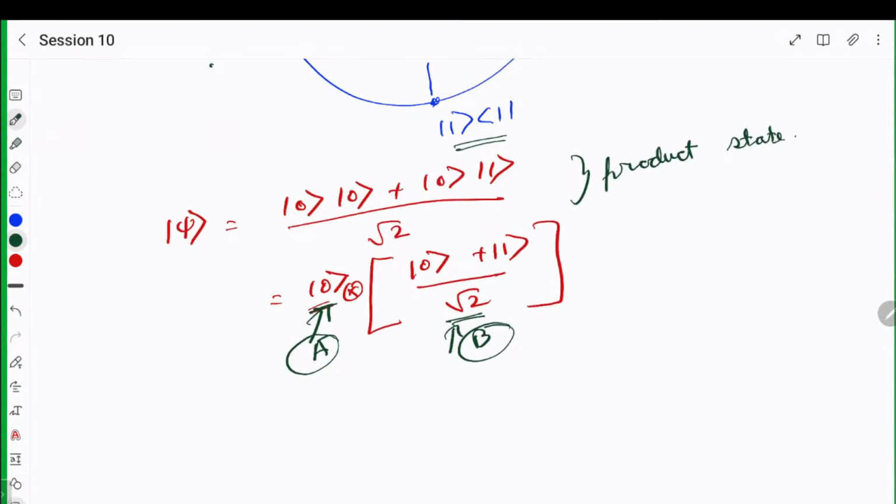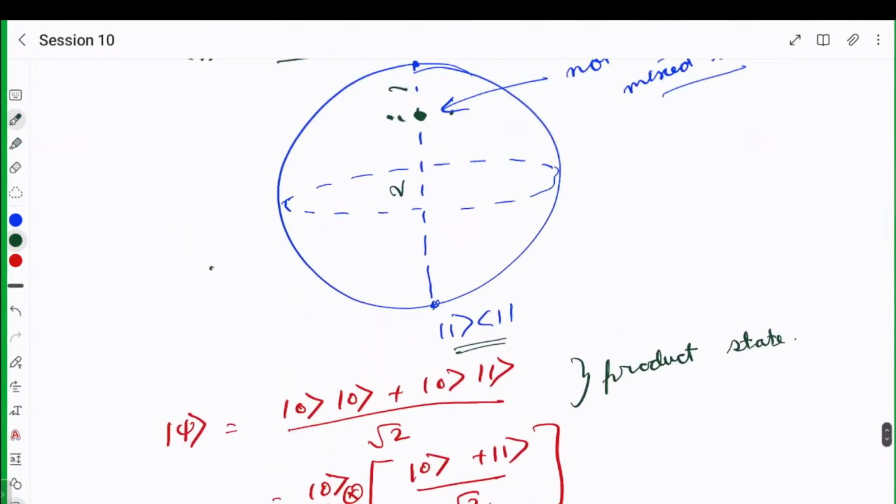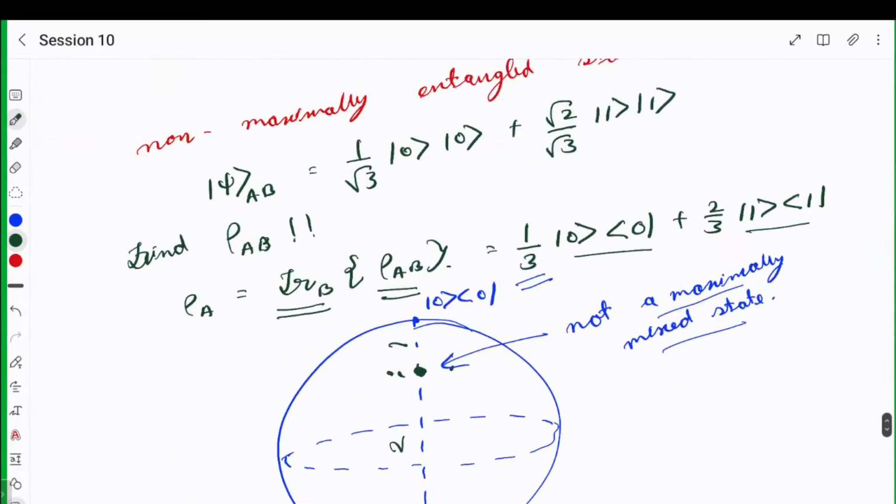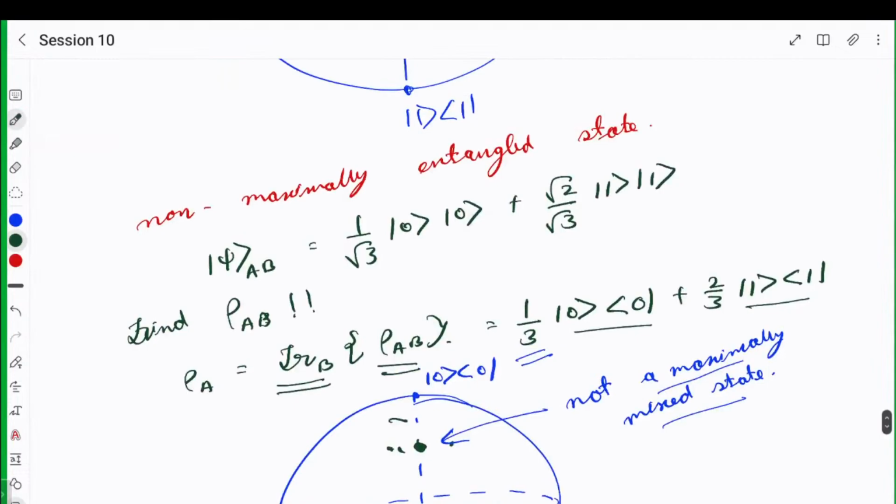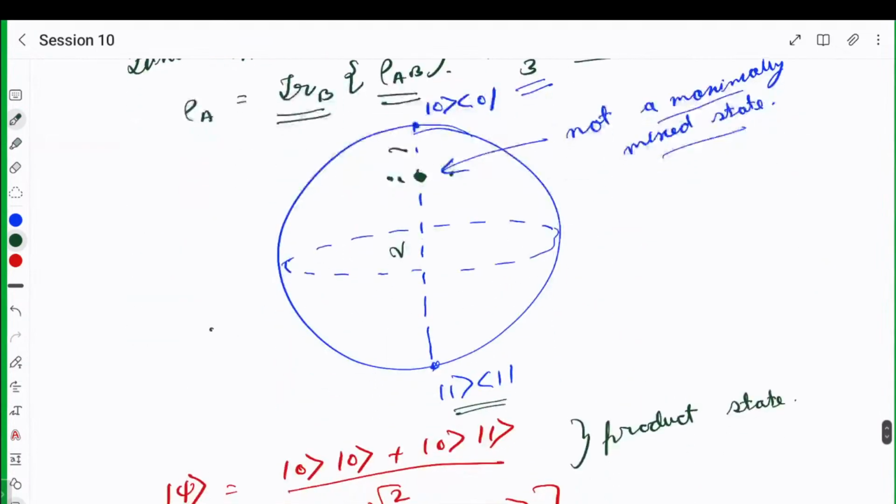So in conclusion, you can see that density matrices can arise mainly in two ways. One way is if you have an ensemble where you have different pure states with different probabilities, and in that case you can have a density matrix or mixed state description. The other case where you can have a mixed state is when the system is a subsystem of some entangled state.